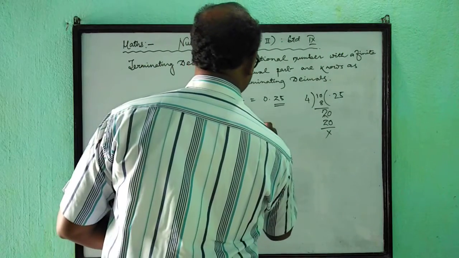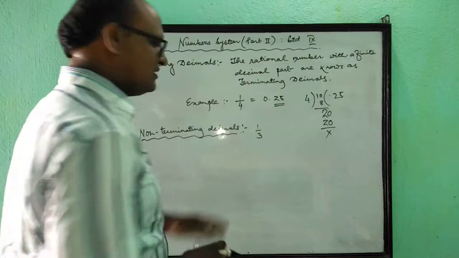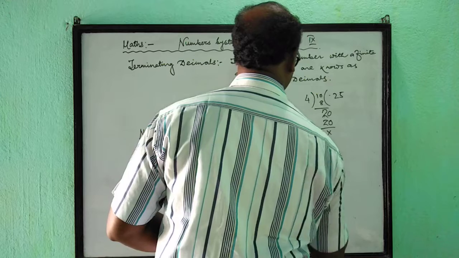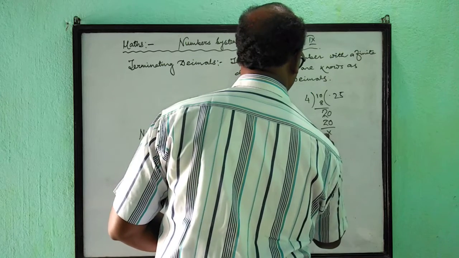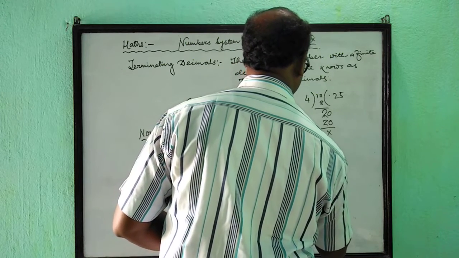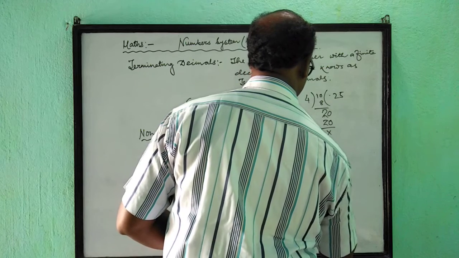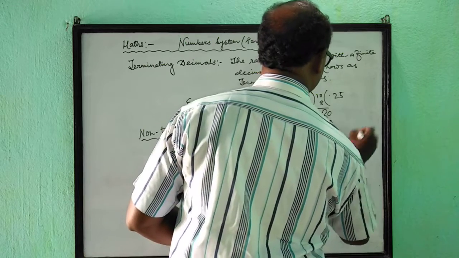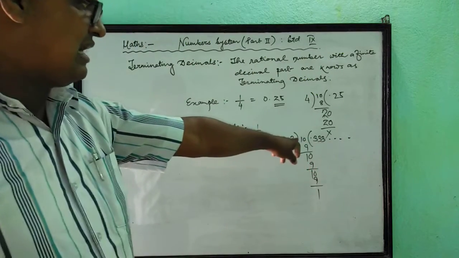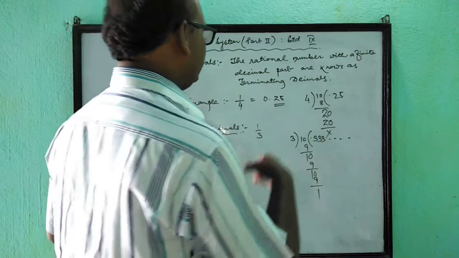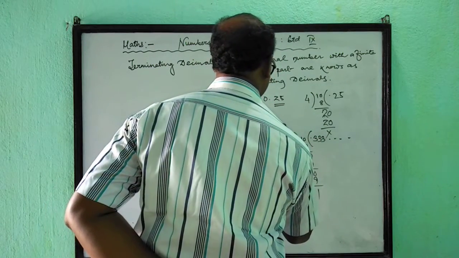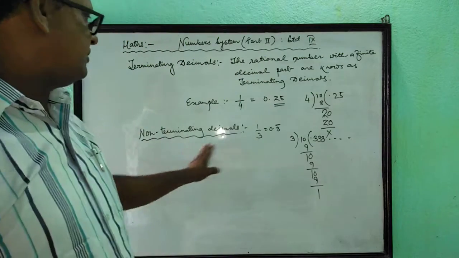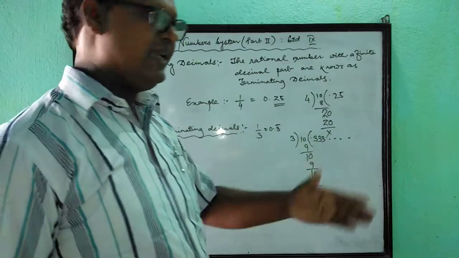Like 1 by 3, it's a rational number. If we divide 1 by 3, then at first we put a decimal, then 0, 9, then 1, then 0, and so on. That means this 3 comes again and again, repeated, and we write it like this. This is a non-terminating decimal because 3 comes again and again.